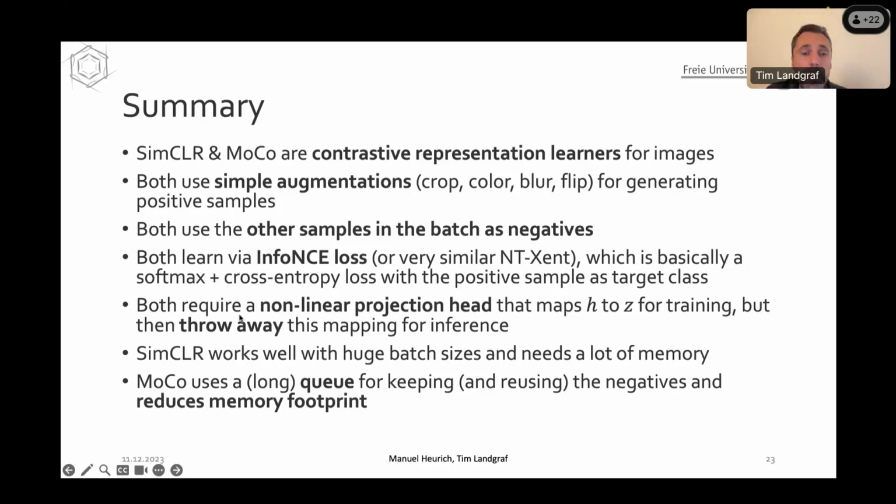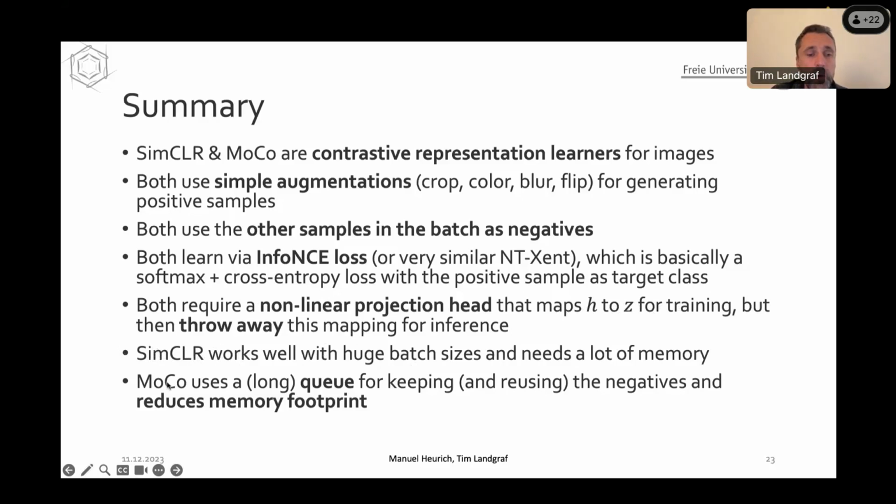Both require, in the best case, a nonlinear projection head that maps H to Z for training, but then we can throw away Z, or the function that maps H to Z, and only keep F that creates our representation. SimCLR is really simple. That's why it's called simple contrastive learning of representations. It works well with huge batches, so if you have enough GPU memory, you can definitely go for this.